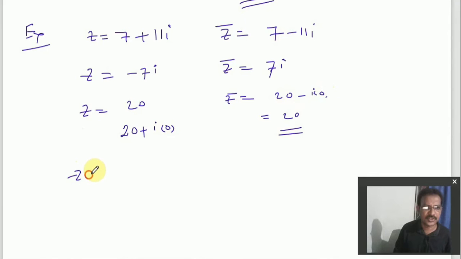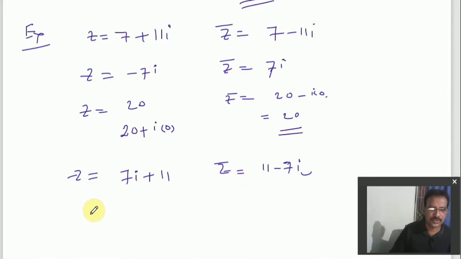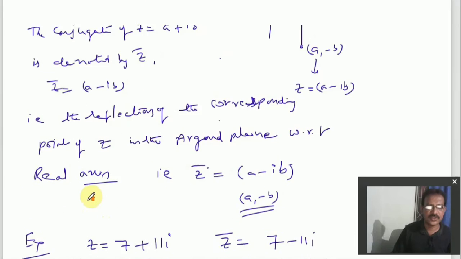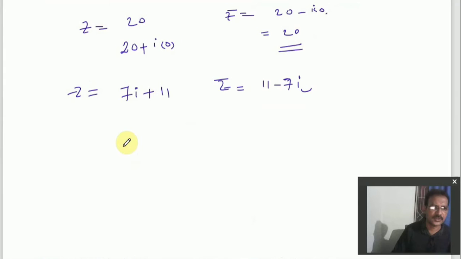Suppose z is equal to 7i plus 11. Then z bar is equal to 11 minus 7i. You write it in the form a plus ib and a minus ib for z bar. So you notice one thing: if z is purely real, then z and z bar are equal.